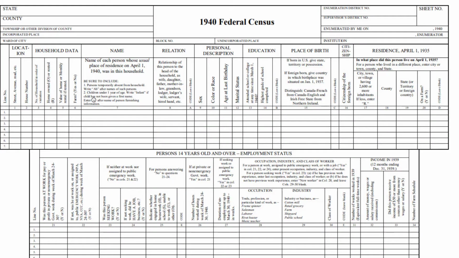So what you can do is the Census Bureau has blank census forms that you can go in and download. You can keep that handy when you're looking at a census. In this case, the 1940 form, and I'll show you that here real quick. That's the 1940 blank form that I found online, and I'll put the link to where you can find these blank forms down below in the description, so check that out.